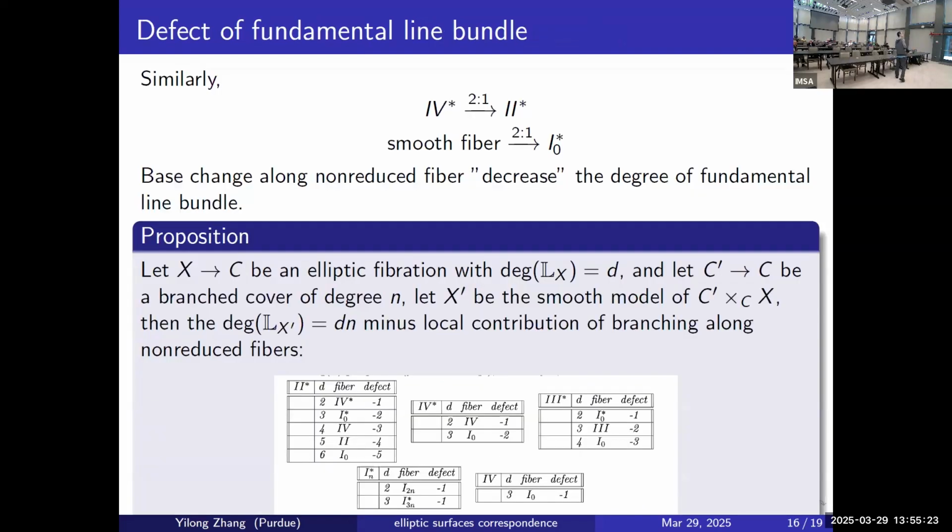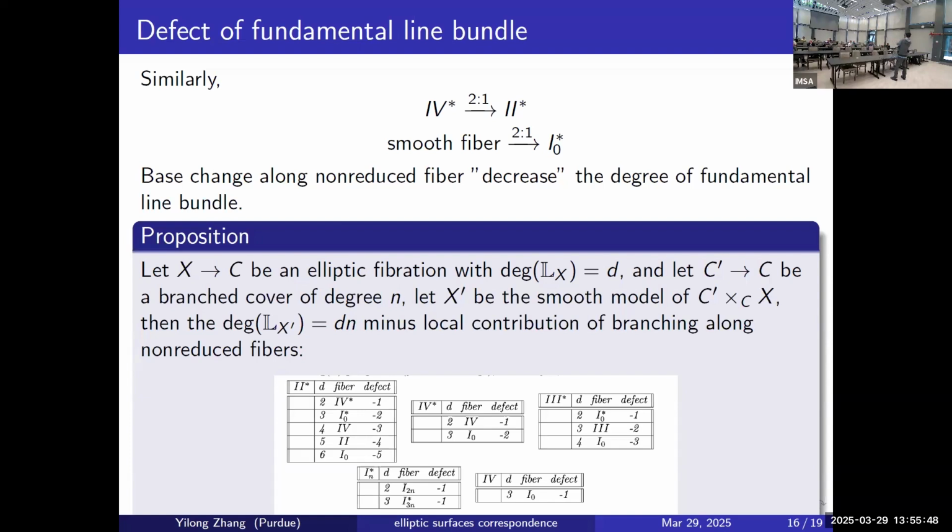So what we find is some criterion in general for how you compute the degree of the line model, capturing the topological complexity based on the base change. It turns out that the expected degree is just the degree downstairs multiplied by the degree of the covering of this curve.